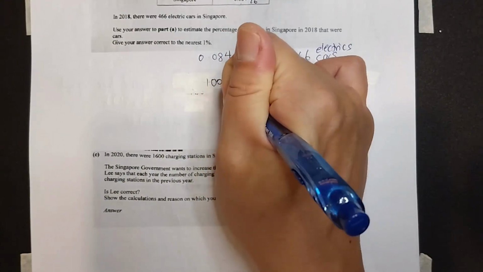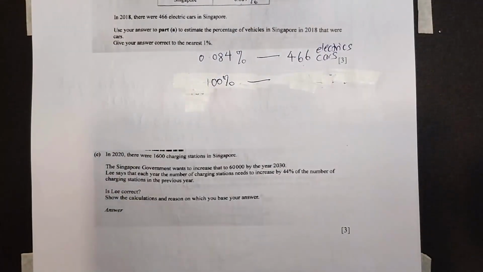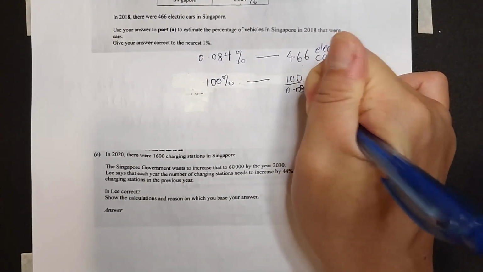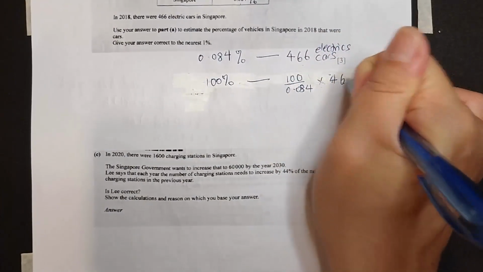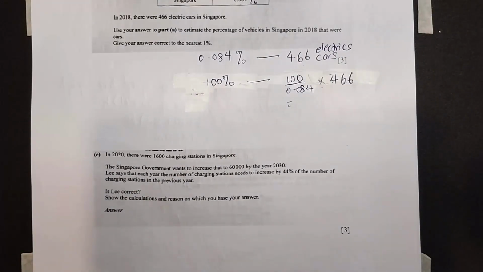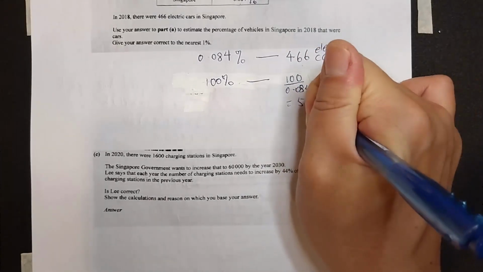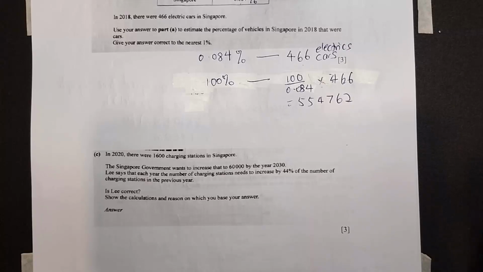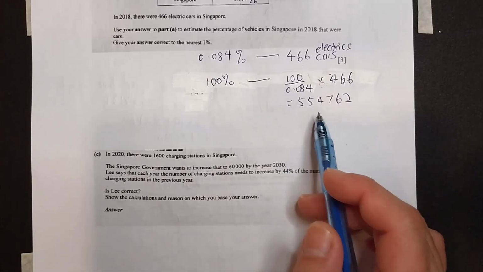For 100% of the car population, we will have 100 over 0.084 times 466. So that will tell us how many cars we have. And we will have 55,462 cars. So now let's find the percentage of these cars over the vehicles.